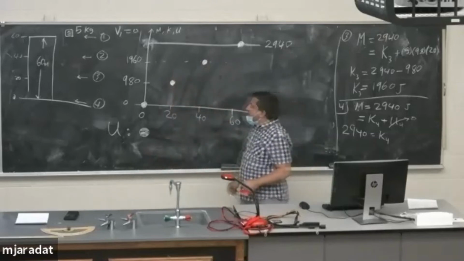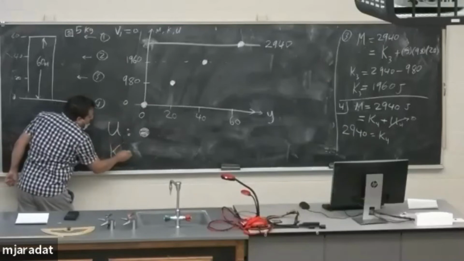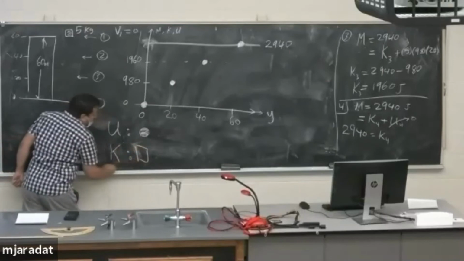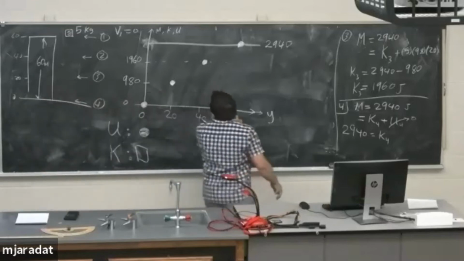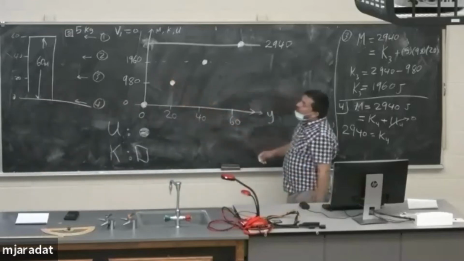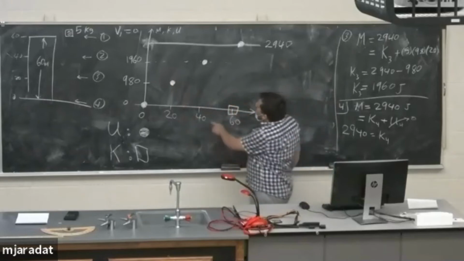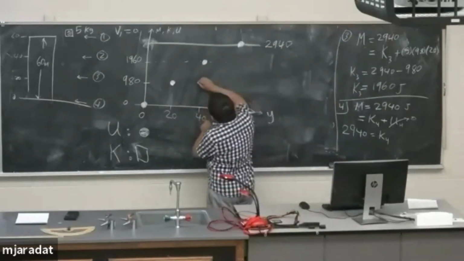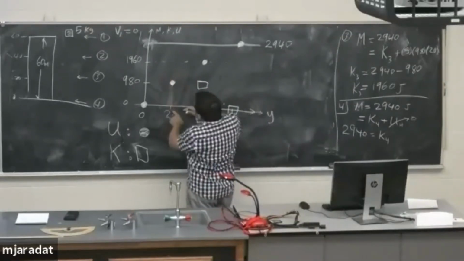What about the kinetic energy? The kinetic energy will be a square. At 60 meters at the top of the building, the kinetic energy is 0. Then the kinetic energy starts increasing at 40 meters. Then it continues increasing.